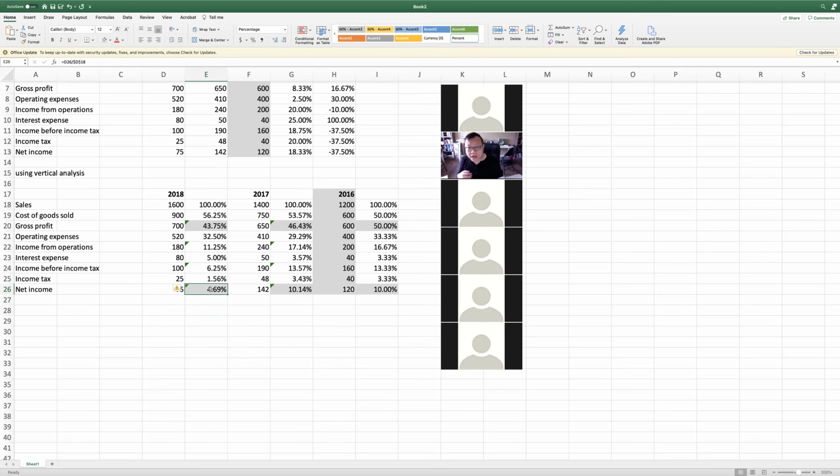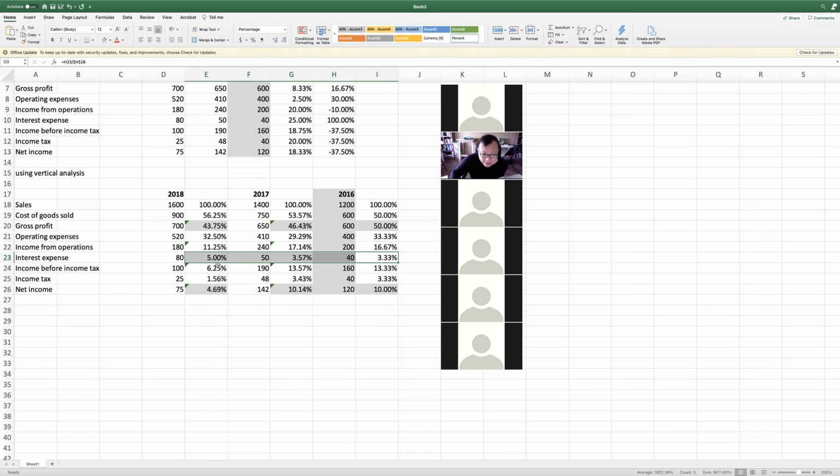Is there anything else you can see from this analysis? So the interest expense. It was 3.3% of sales, and now it's 5% of sales.